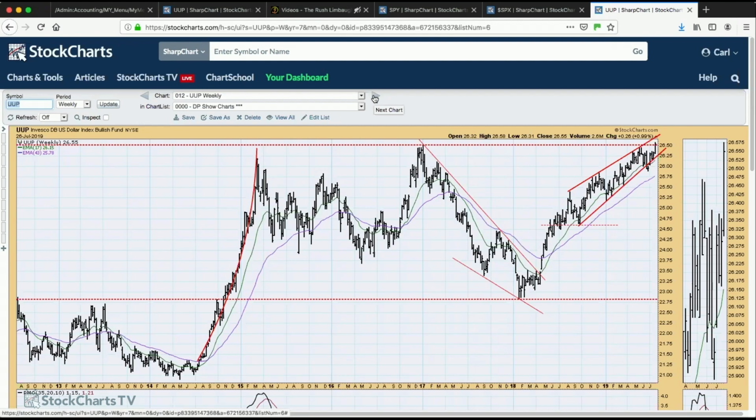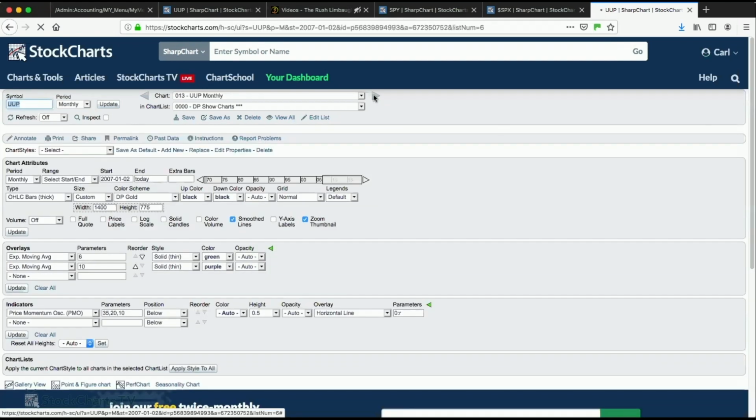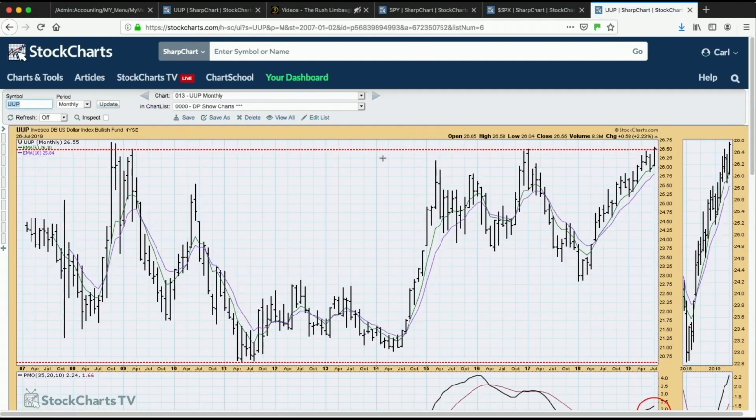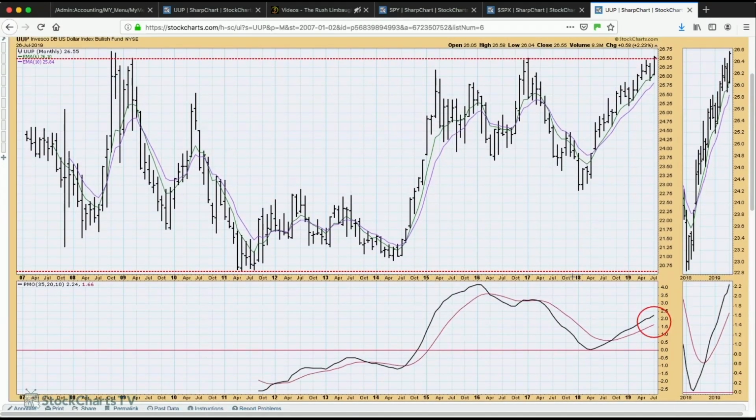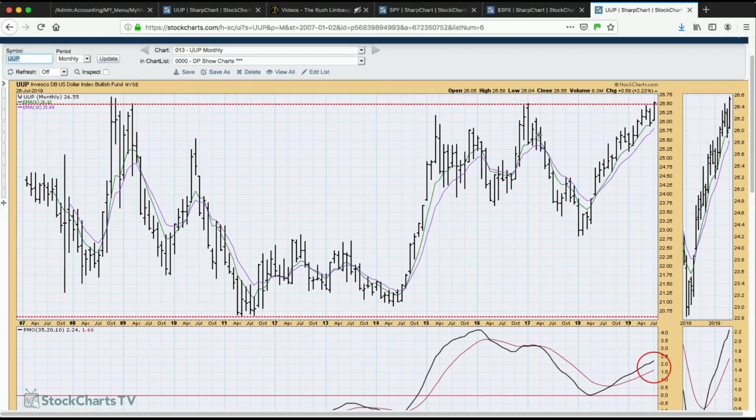Even though the monthly chart is not final, I'm going to look at it because looking back here, there are some highs that they made in 2008, and so that is possibly an area of resistance that it might run into right now. But the PMO is really very positive here, so I'm not banking on the fact that it's going to turn around and go south.